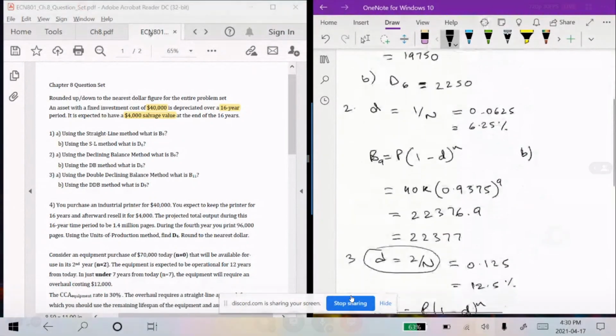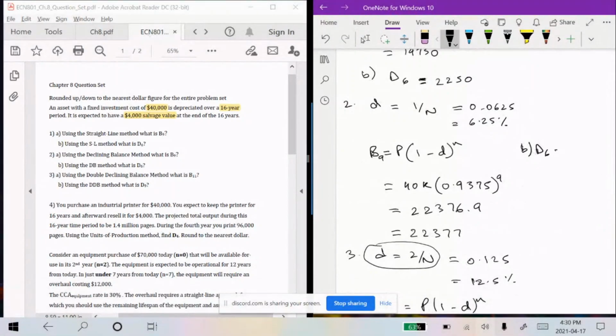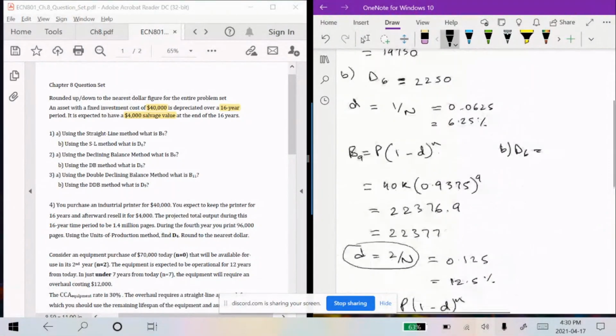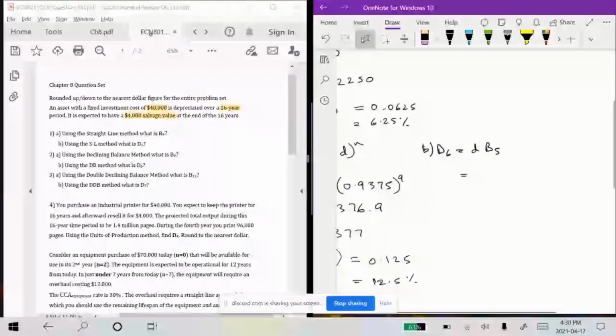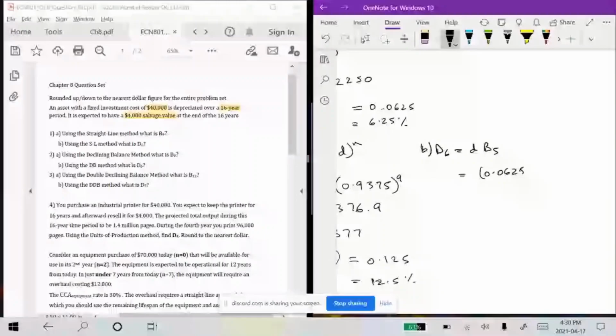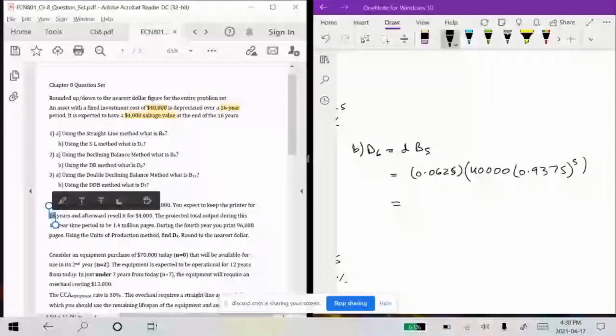So for B, D6 is going to be D into B5. For this one, D was 0.0625 and B was 40,000 into 1 minus 0.0625, that is 0.9375 raised to the power 5, into 40k.